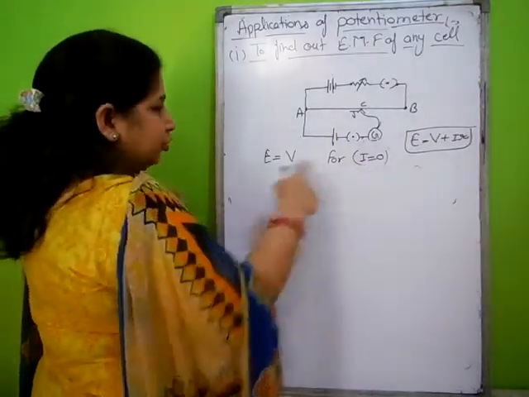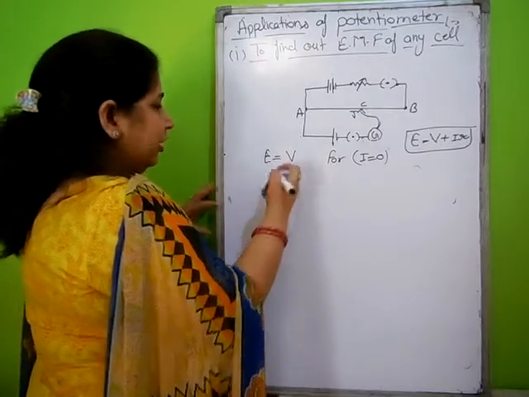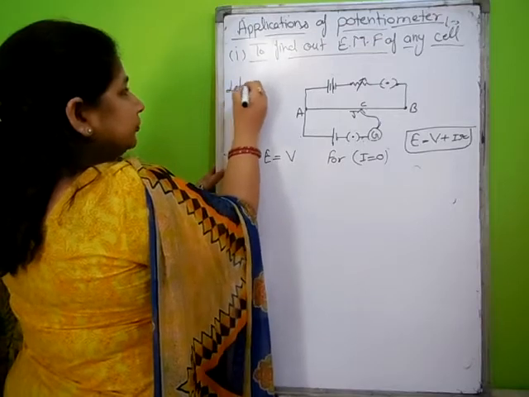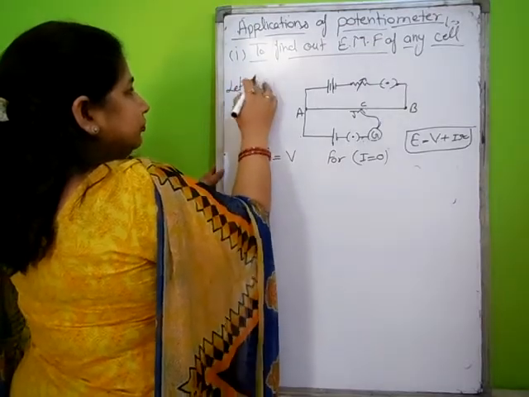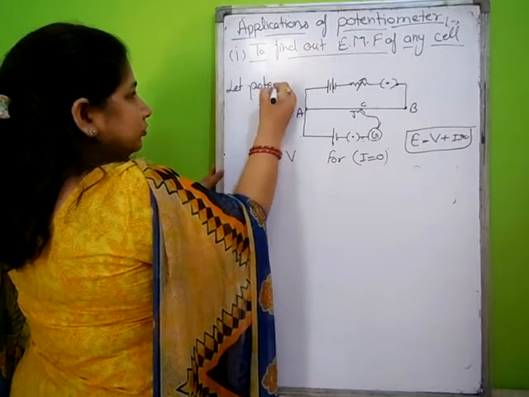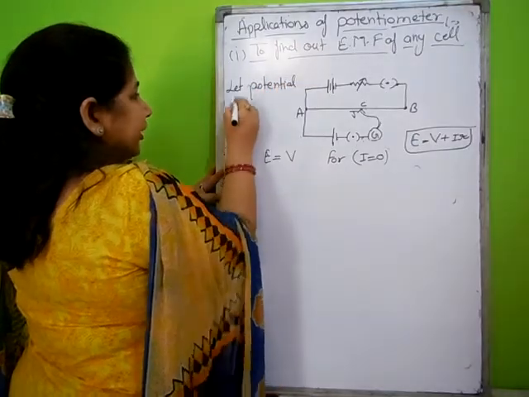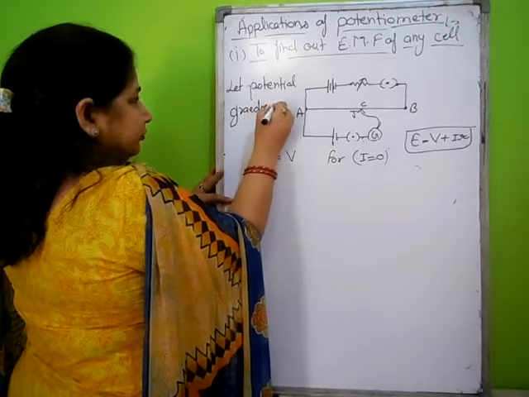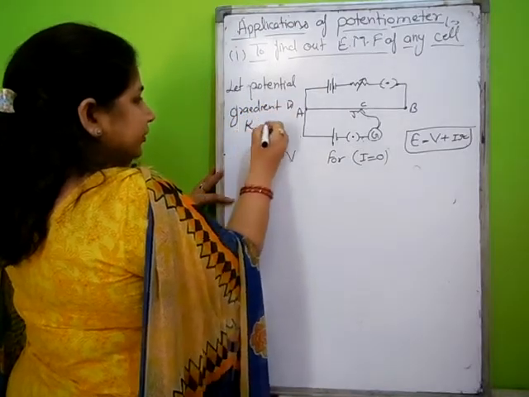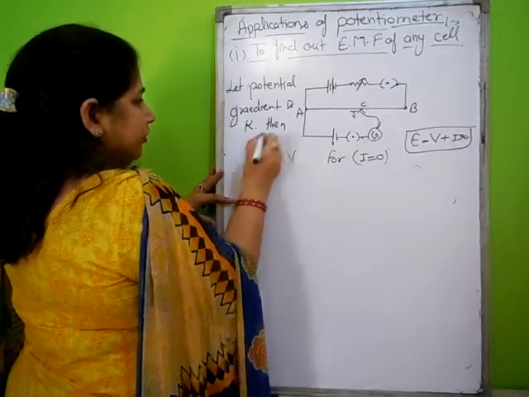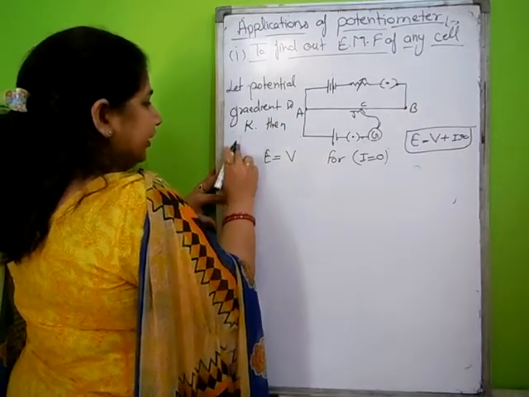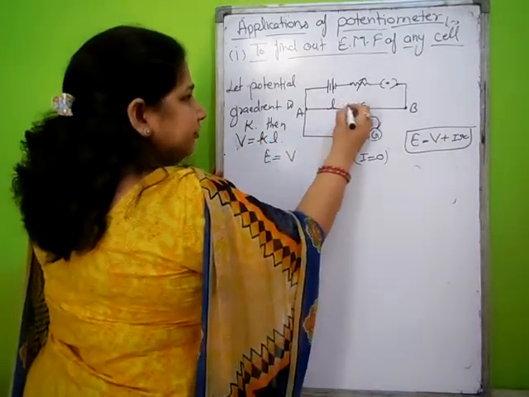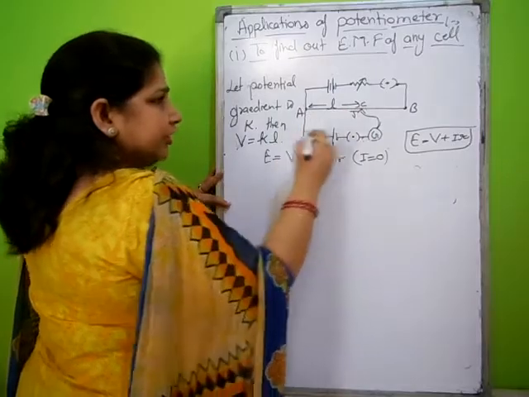Then for I equal to 0, we take E equal to V, and already we have done the principle of potential gradient. Let the potential gradient be K. Then V is equal to KL, and this is the length which we find with the help of a scale.